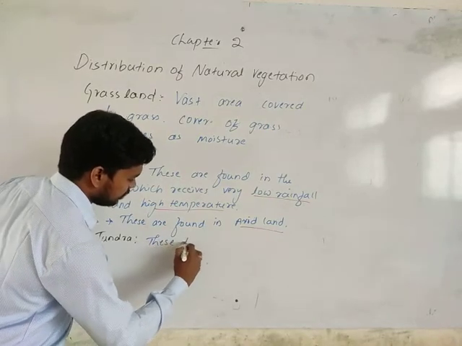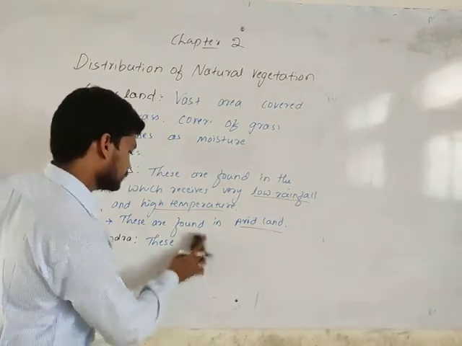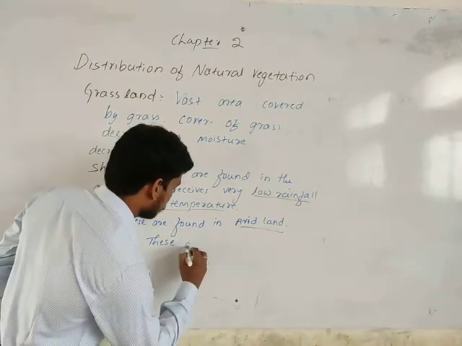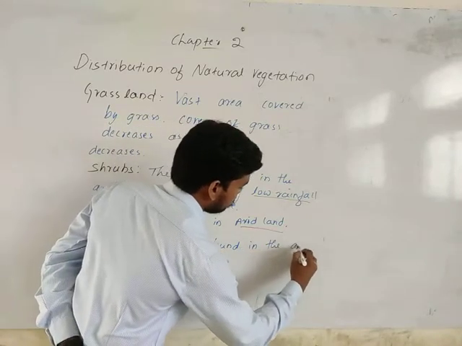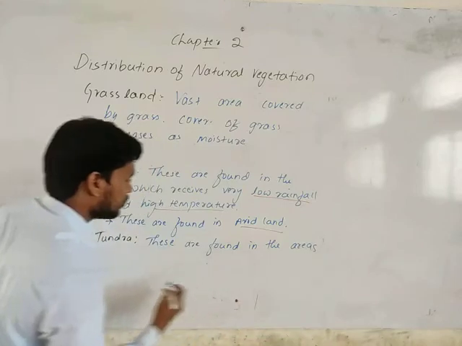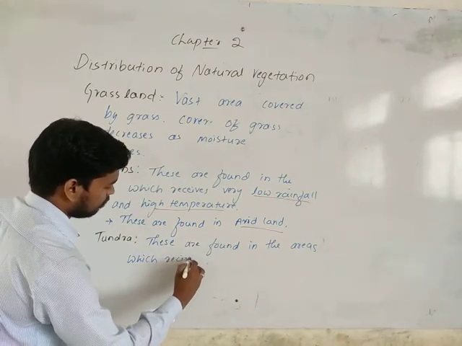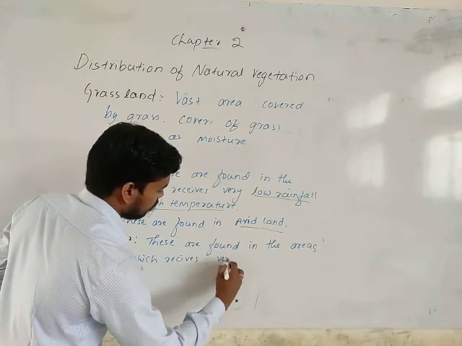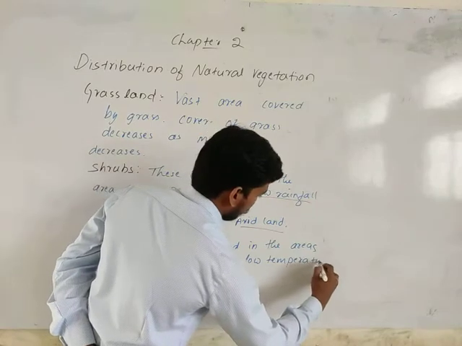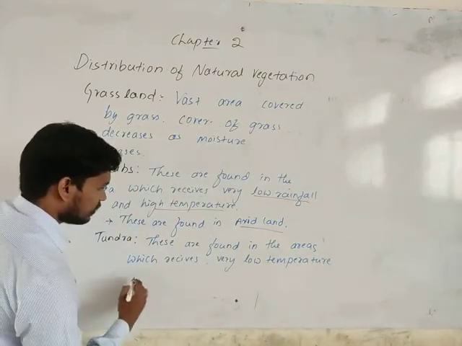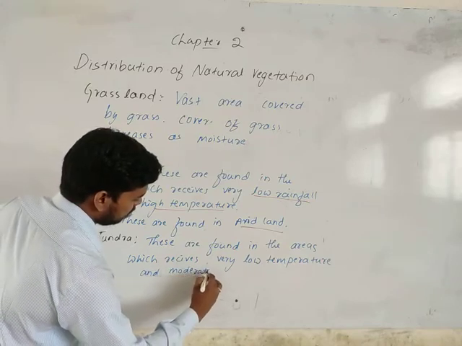These trees are found in the areas which receive very low temperature and moderate precipitation.